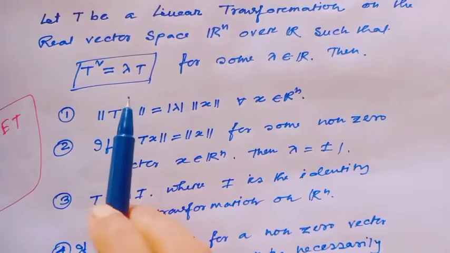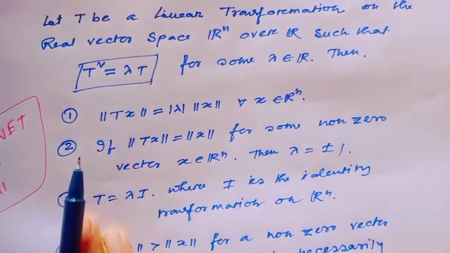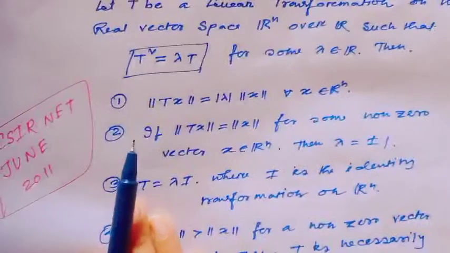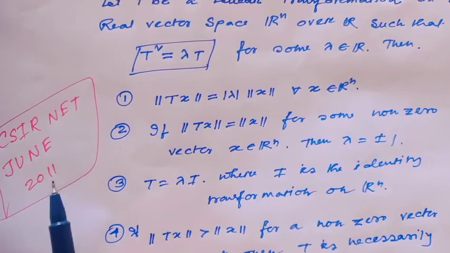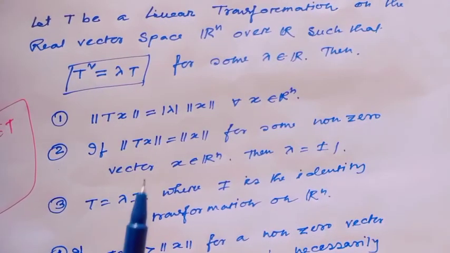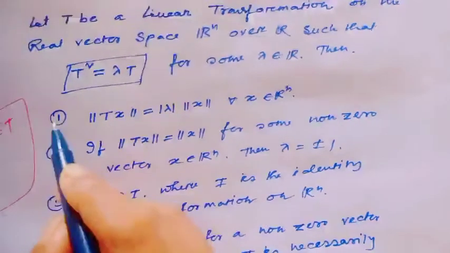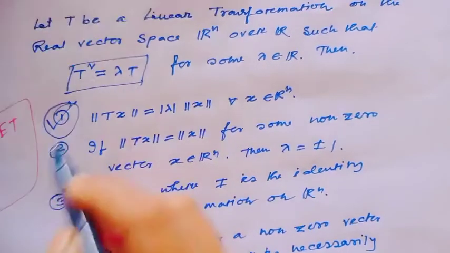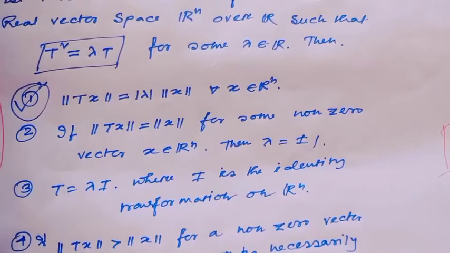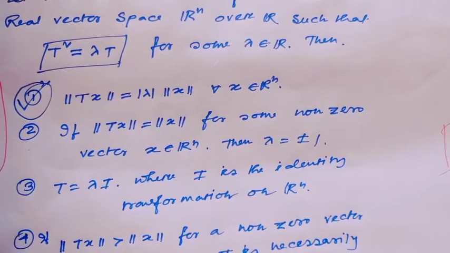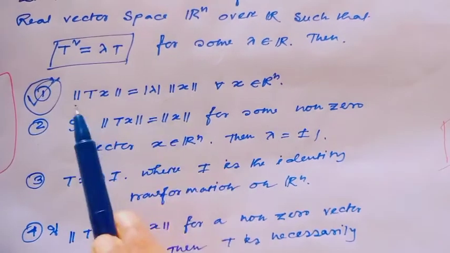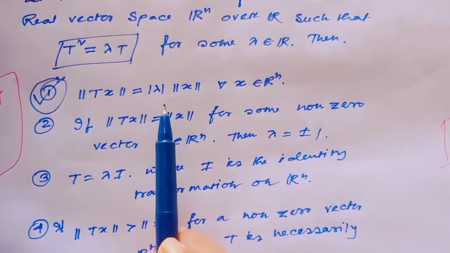This question I had discussed in my previous video, which had come in the CSIR NET June 2011 exam. Today I will discuss only option 1 of this question elaborately, because one of my viewers has a doubt about this first option.